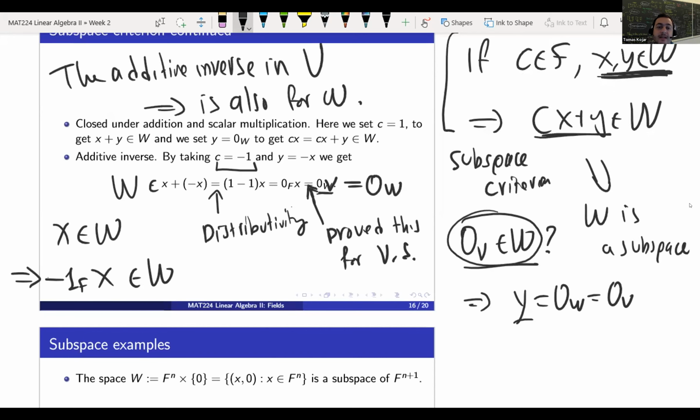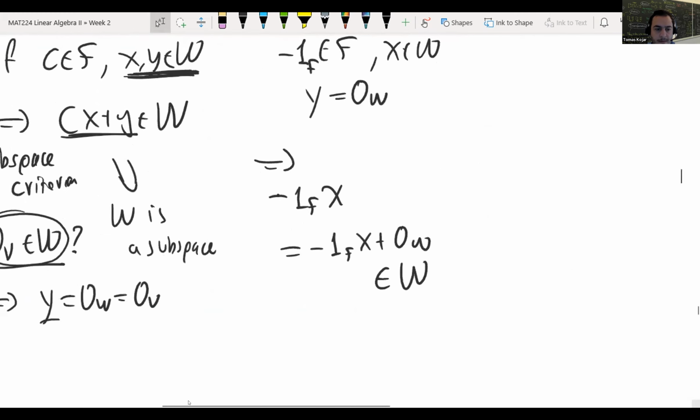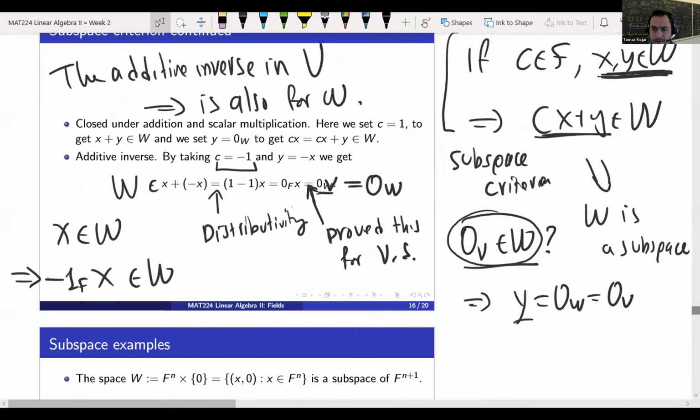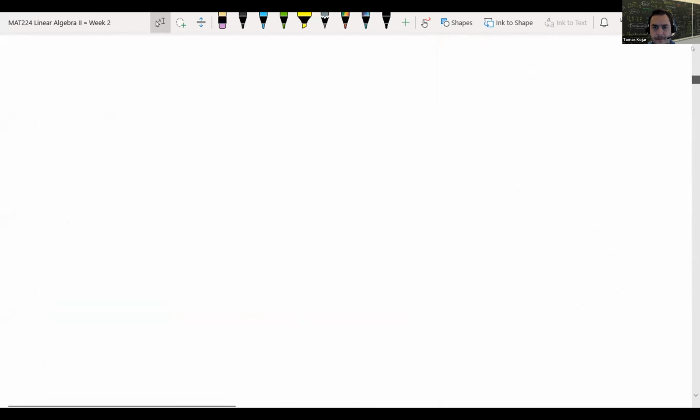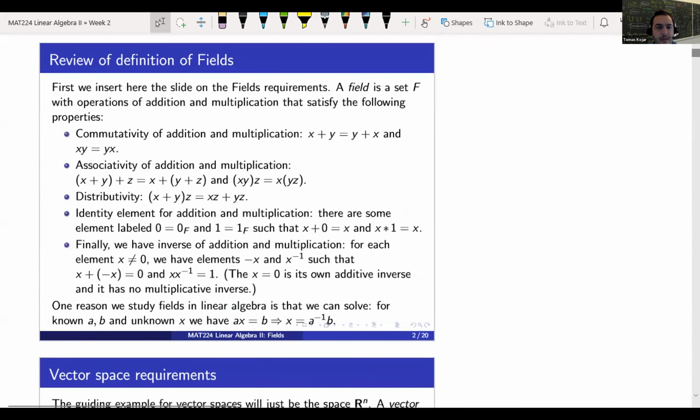Okay, that's the idea. Does F come with -1 and 0 by default? Yes. I think I have the axiom up here. Yeah, so we have 0 and 1, and then we set x to be 1F.